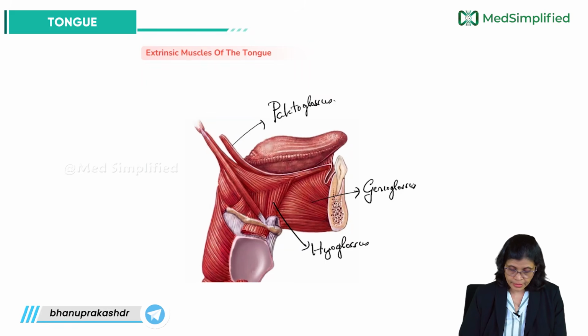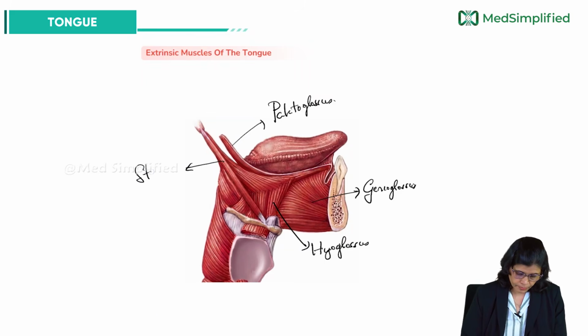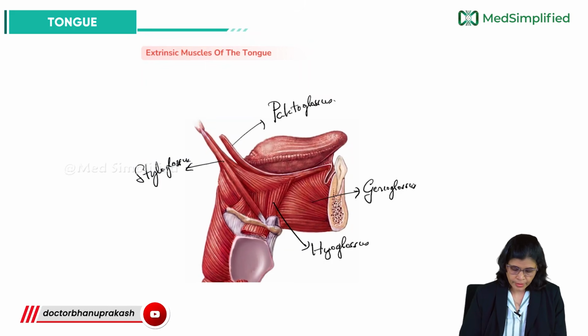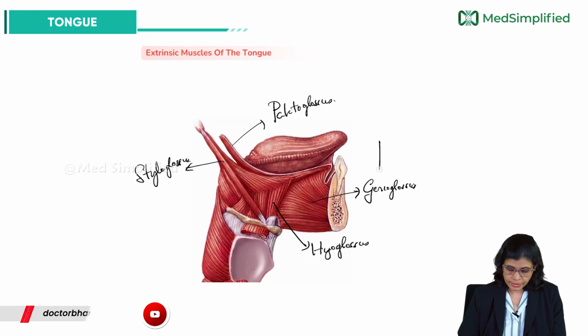Then we have the styloglossus. The genioglossus muscle, we call it the safety muscle of the tongue.